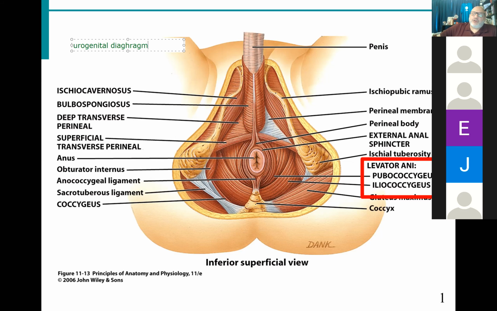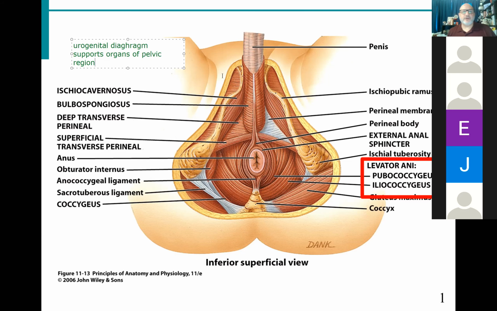And while those are incredibly fun to say and spell, do you actually have to know iliococcygeus and pubococcygeus? No. You just need to know them collectively as the levator ani muscle. As we can see, this urogenital diaphragm helps to support the organs of the pelvic region.